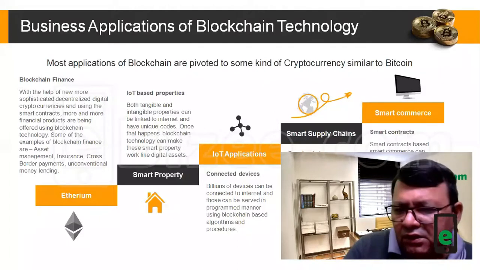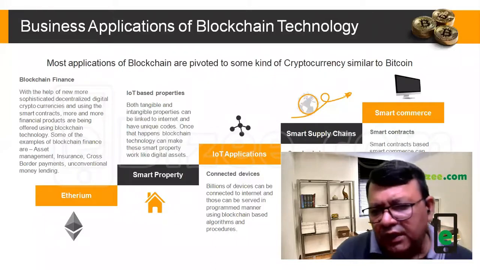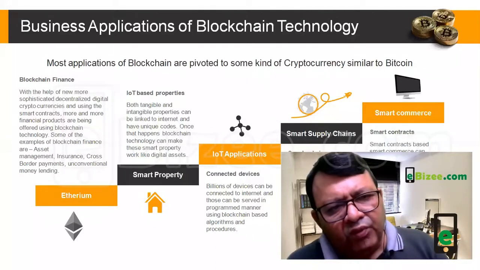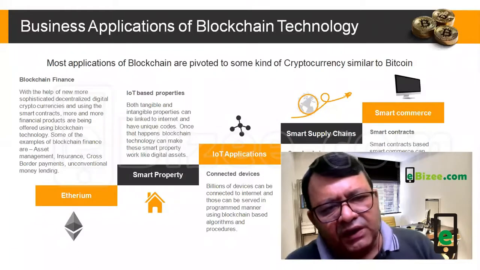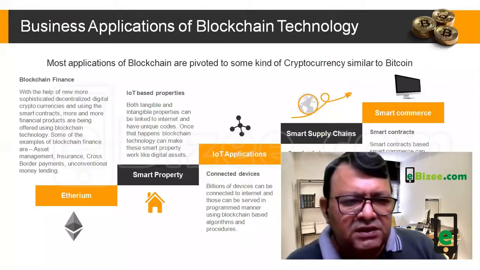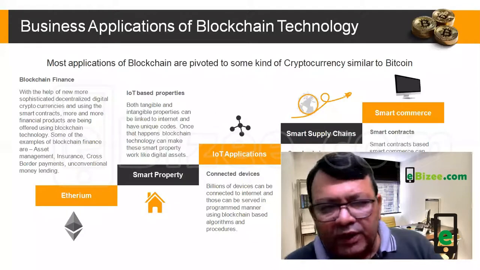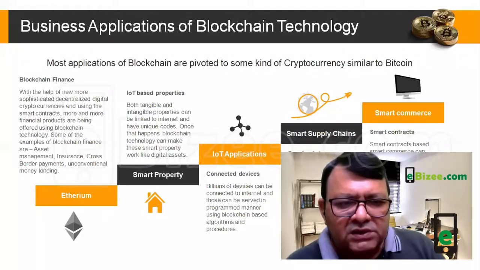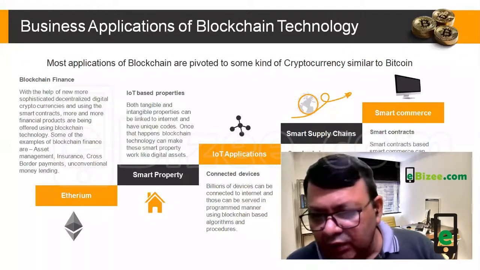And people are very excited about blockchain technology in this area. So with the help of new, more sophisticated, decentralized digital cryptocurrencies and using the smart contracts, more and more financial products are being offered using blockchain technology.